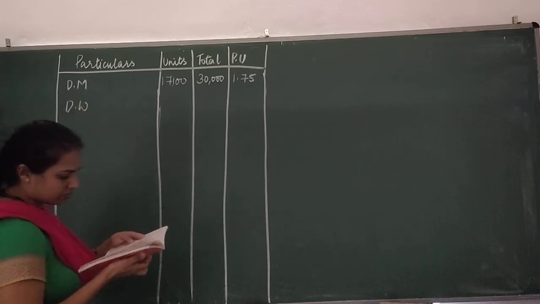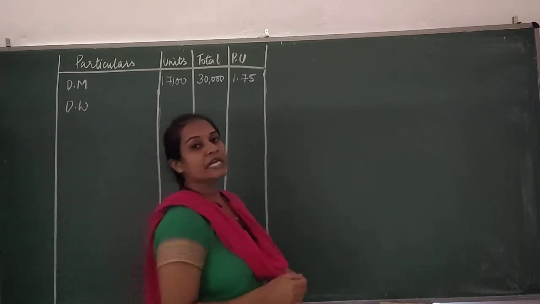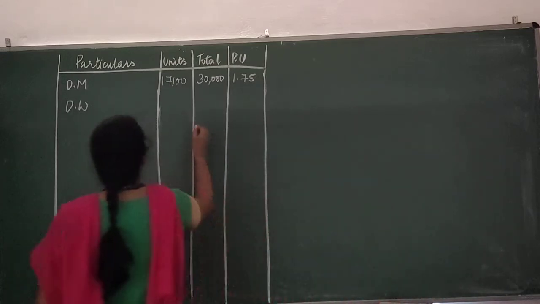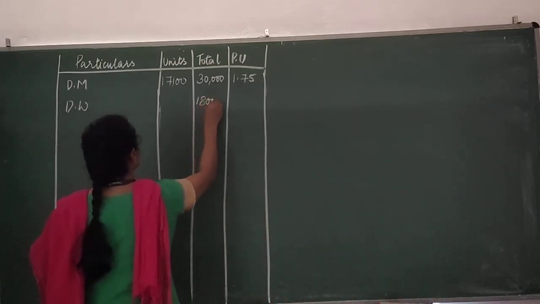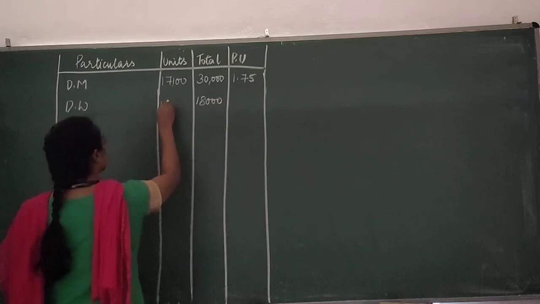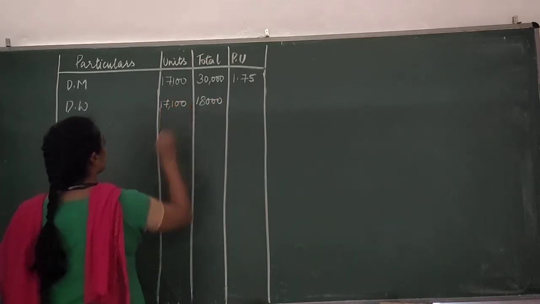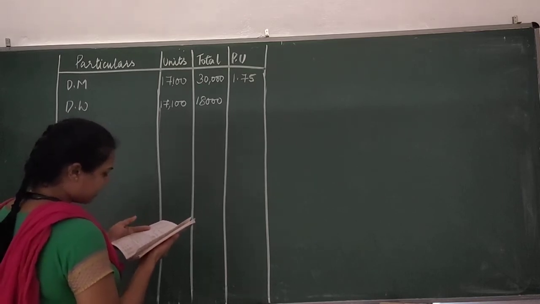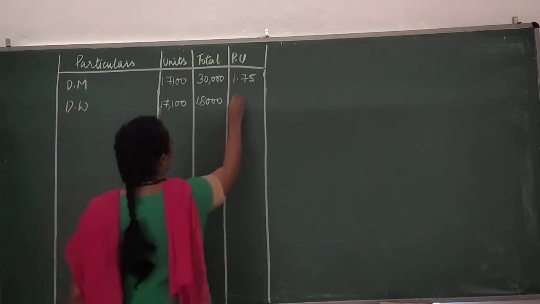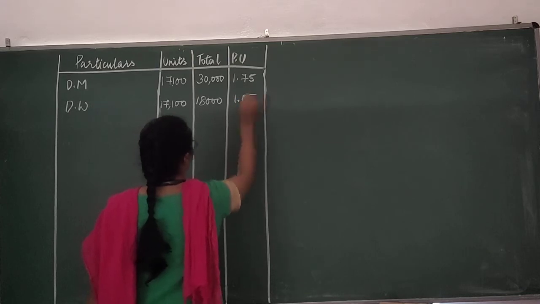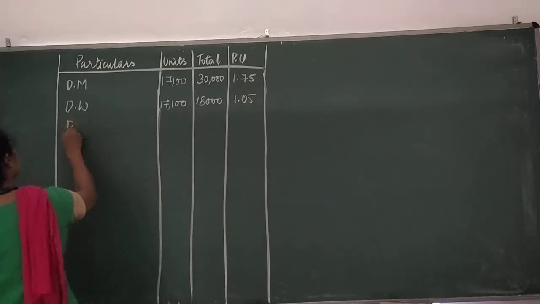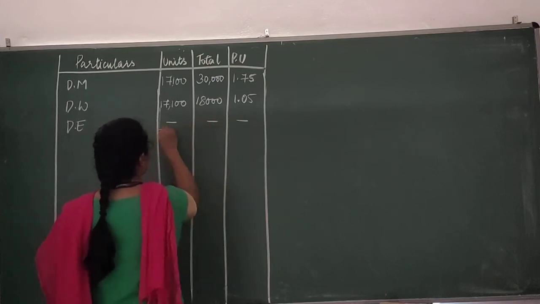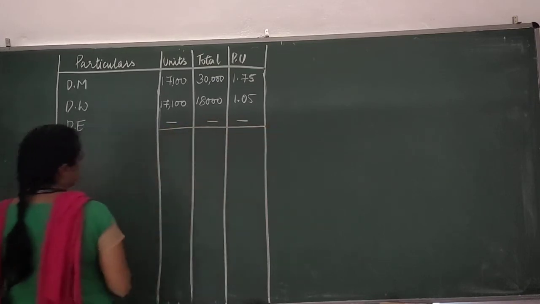In this particular problem, they have given you 18,000 for 17,100 units. So 18,000 divided by 17,100 gives you 1.05. The next one is direct expenses. You do not have anything given, so you will just write nil.